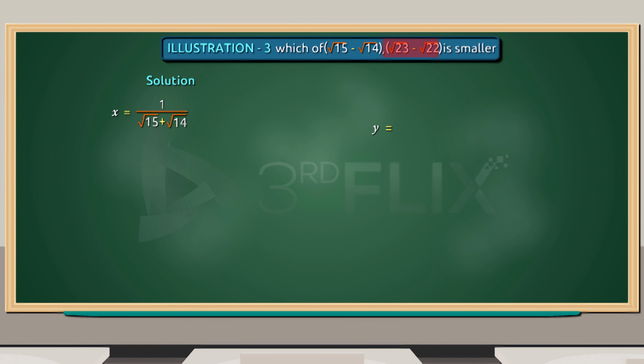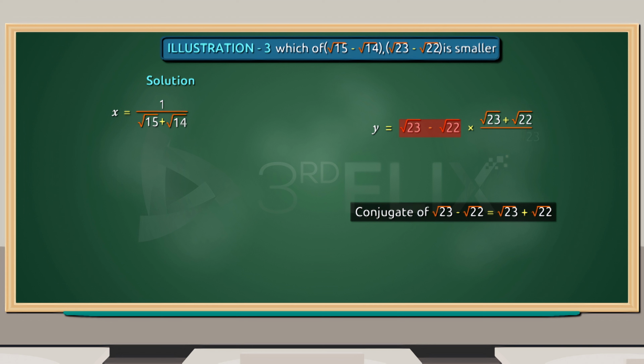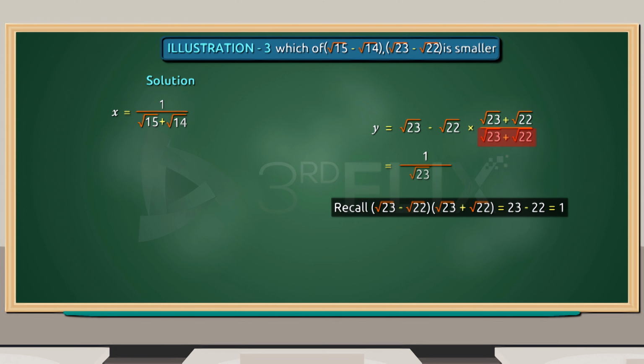Y equals root 23 minus root 22 into root 23 plus root 22 by root 23 plus root 22, equals 1 by root 23 plus root 22.